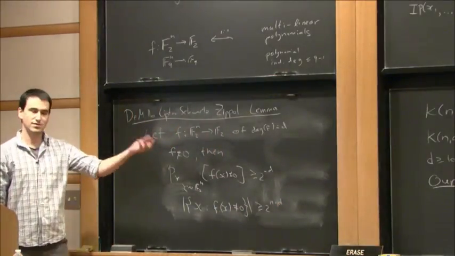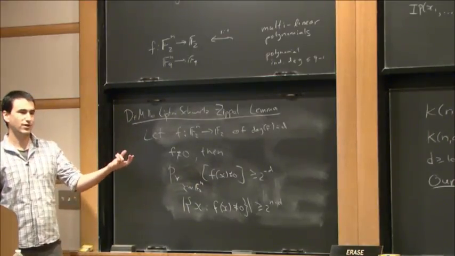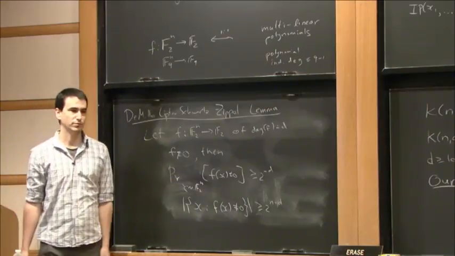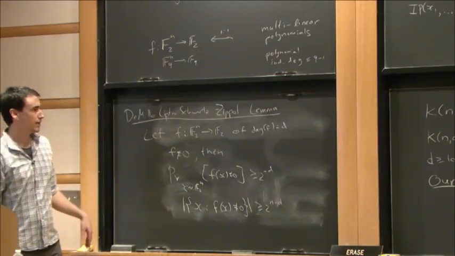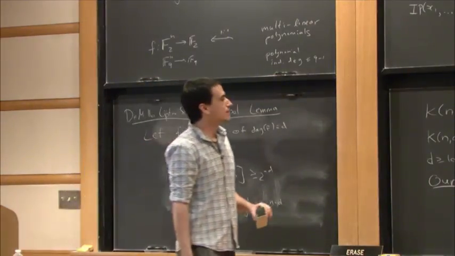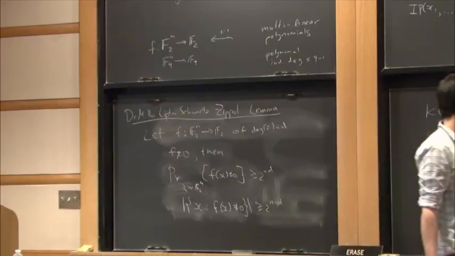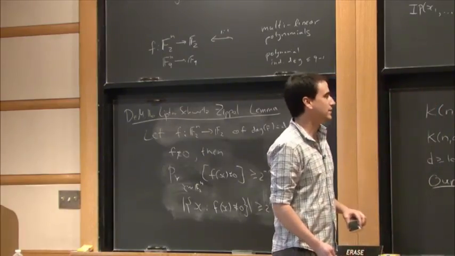So as long as d is far from n, we have many points on which the polynomial is non-zero. This is very useful. Okay, so this is roughly what we want to show, but let's state it more precisely.